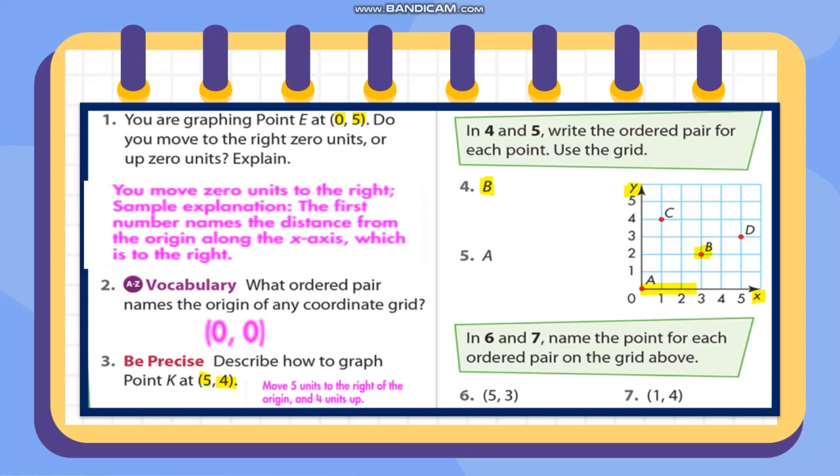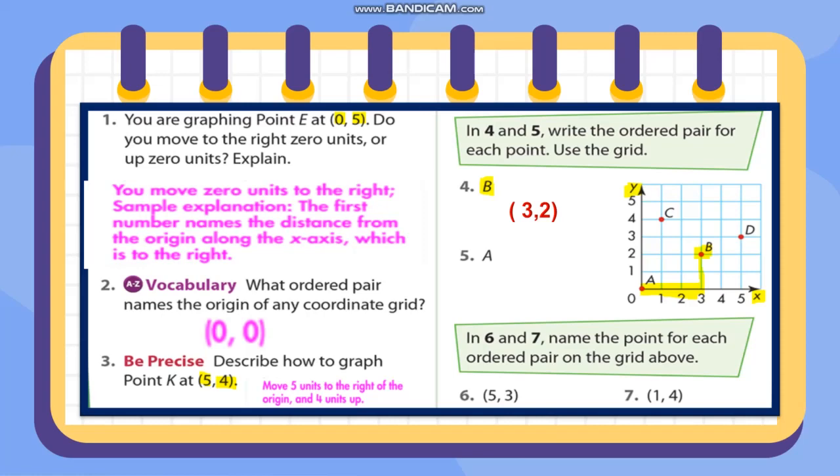Going 3 units to the right: 1, 2, and 3. Then from that 3, we need to go up for the y-coordinate, which is 2. That's why the ordered pair is 3 as your x-coordinate and 2 as your y-coordinate, to find the location of letter B.